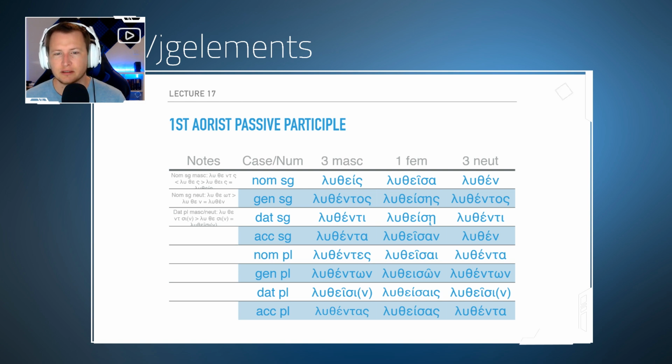So li thes. Okay. And the same is true in the dative plural. Nitav drops out, compensates with the iota, and you get li thesen. Okay. But otherwise, it's got the nitav all the way through. Lithes, lithentos, lithenti, lithenta, lithentes, lithenton, lithesin, lithentas.